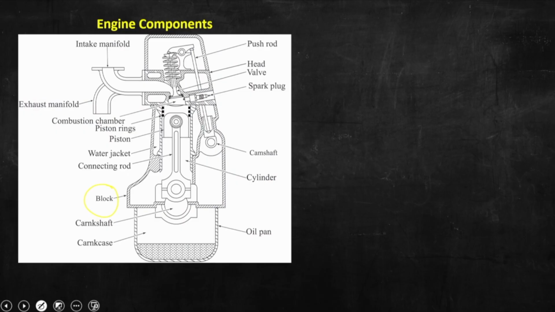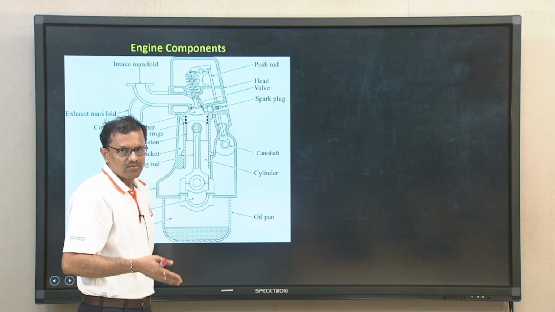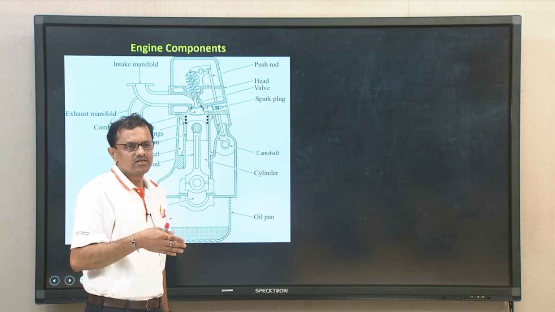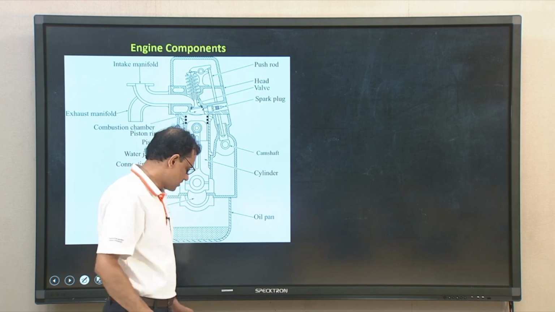So, this block is basically an important component in which we can see that a cylinder is there, and inside the cylinder there will be a piston that we will discuss later.